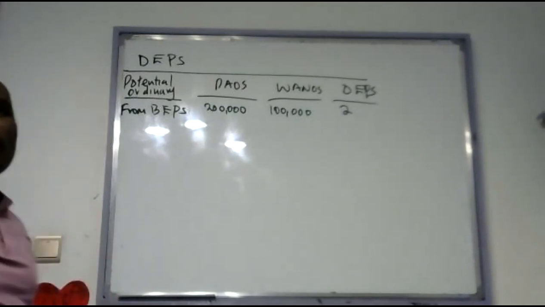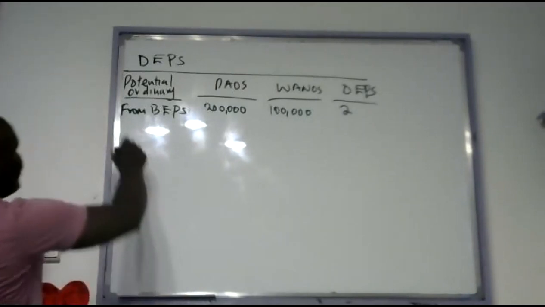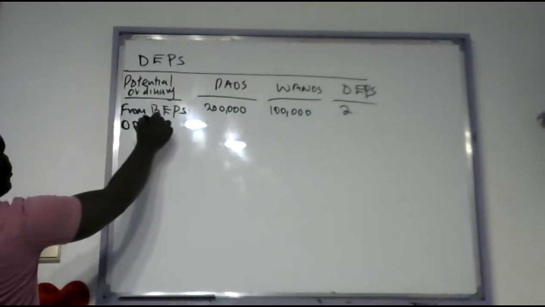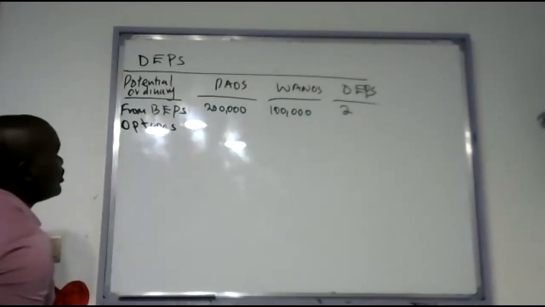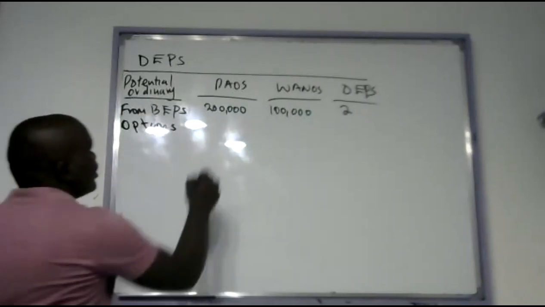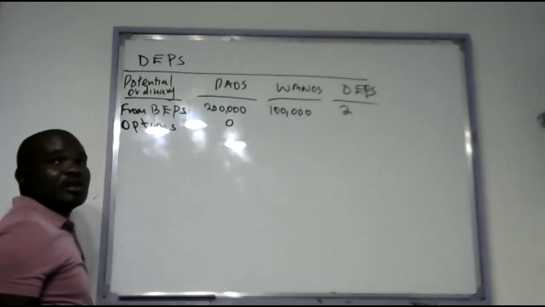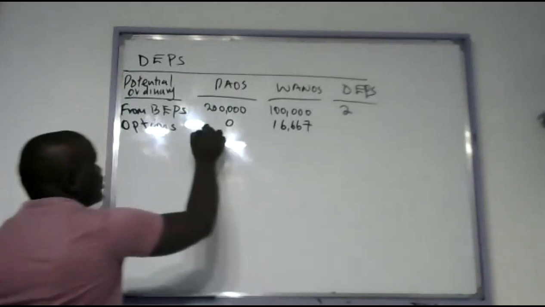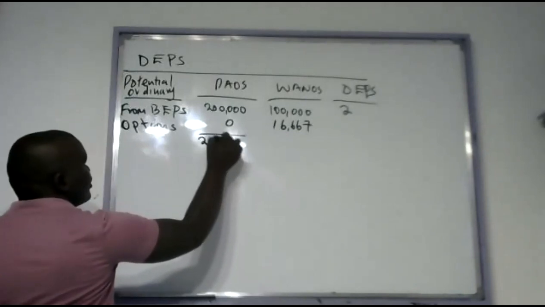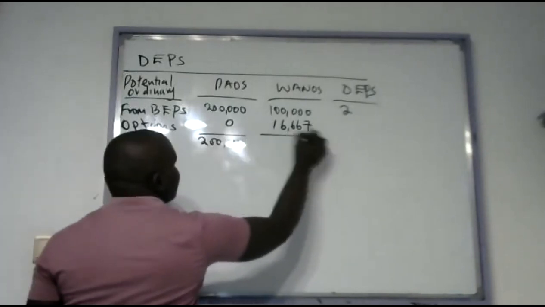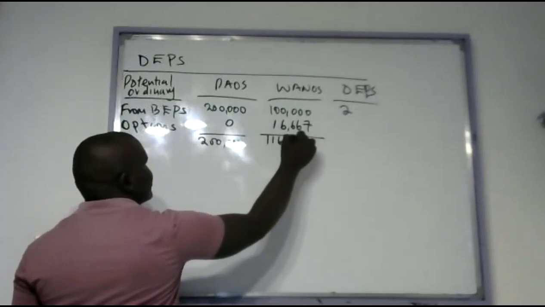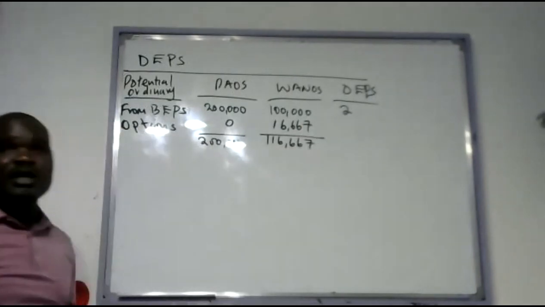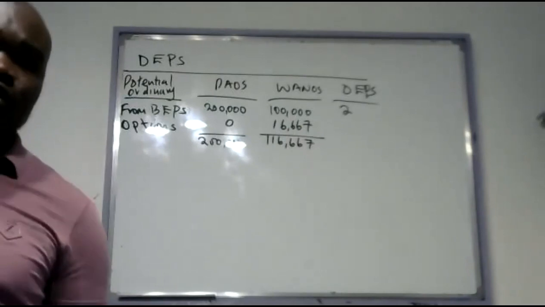They now bring them in based on the ranks. In the rank, number 1 was options. So options gave us 0 profits, but added 16,667 shares. So this is 200 and this is 116,667. Give me the new EPS at that stage.